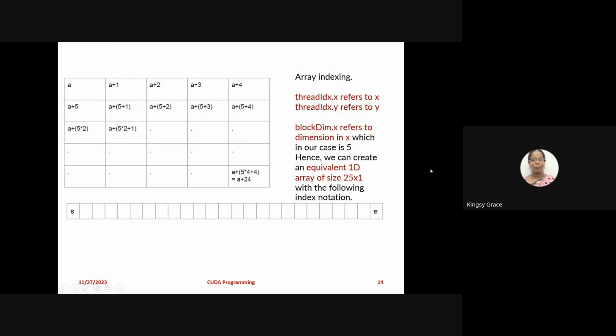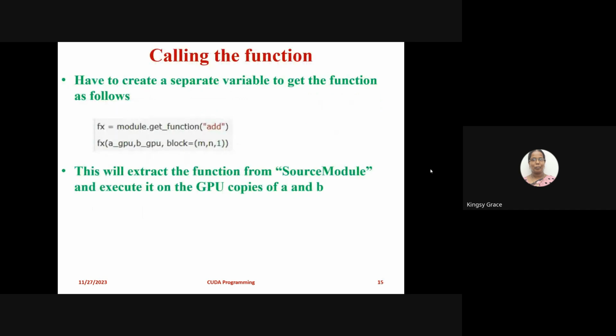So here you can create a one-dimensional or two-dimensional array. If you are using only threadIdx, it is one-dimensional. If you are using both x and y direction, or both thread and block, it is two-dimensional.